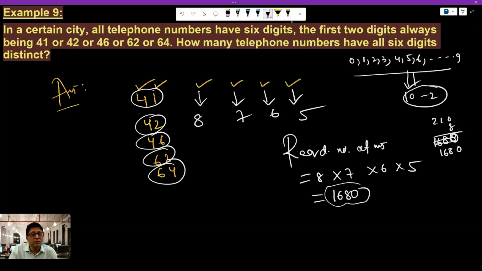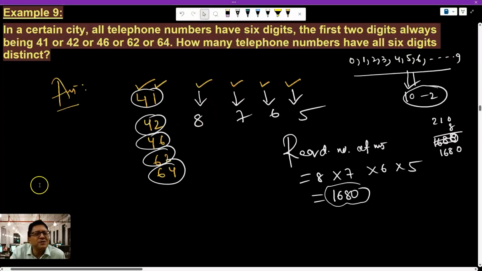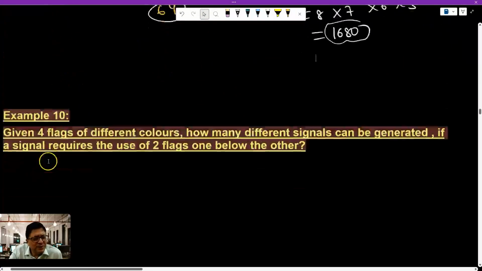This is for the sake of the problem. In a certain city, only 1680 people are not there nowadays. Okay? It's their problem, but they have asked us to solve, we have solved it. 1680 telephone numbers possible.